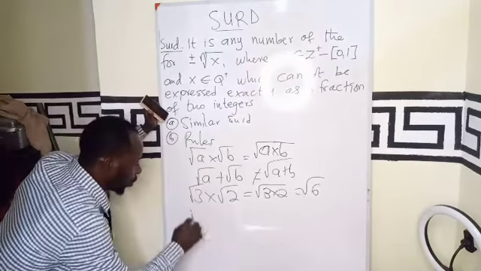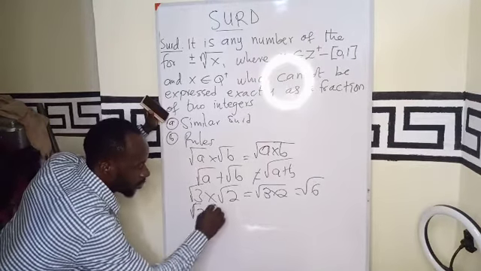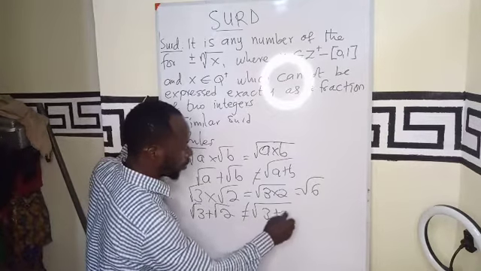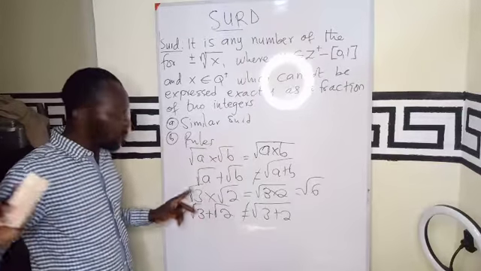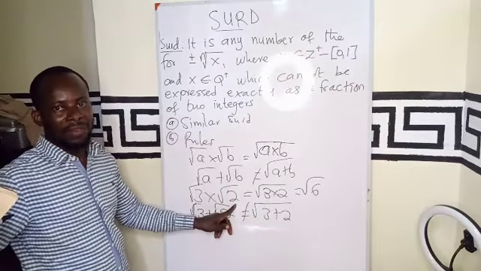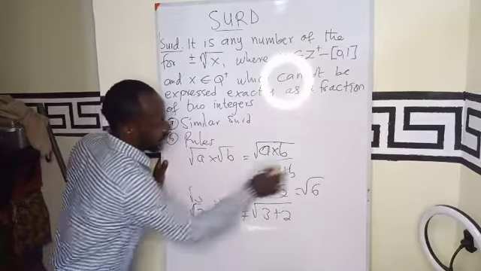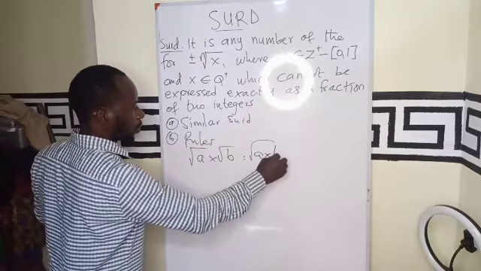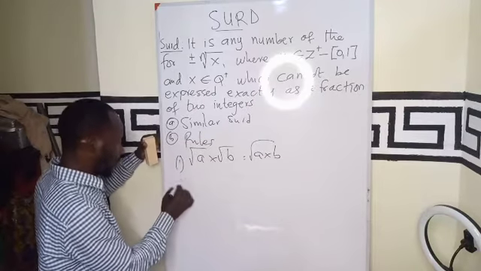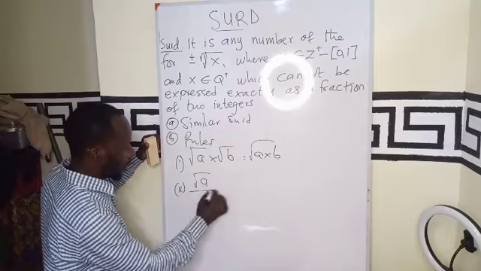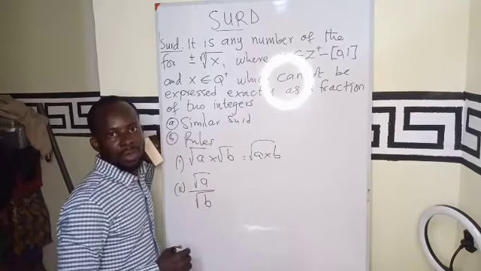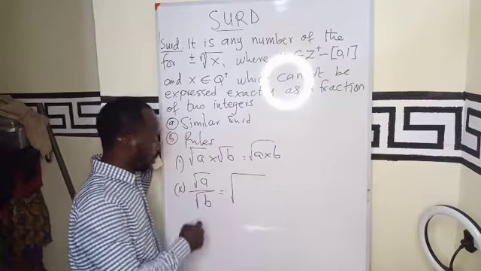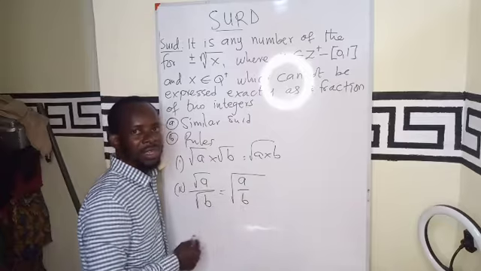But if I have root 3 plus root 2, I cannot go forward and say that it is the same as root of 3 plus 2. No, it's not the same. It is only in multiplication that we multiply the radicands together. That's the first aspect. And if I have root A divided by root B, this can also be taken as a single root of A divided by B. It's vice versa.